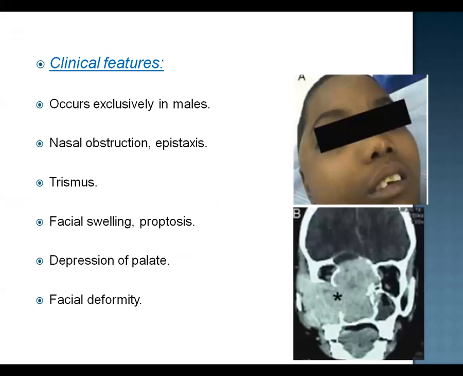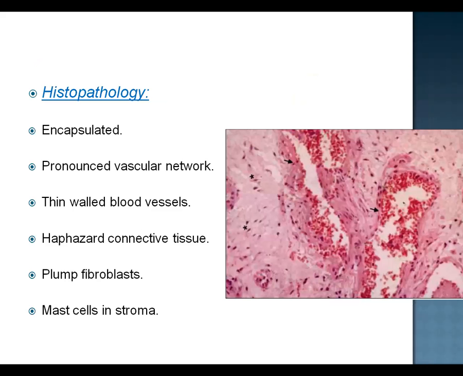Nasal obstruction, epistaxis, trismus, facial swelling, proptosis, depression of the palate, and facial deformity are the clinical features. Histopathologically, it shows an encapsulated tumor with a pronounced vascular network, thin-walled blood vessels, haphazardly arranged connective tissue, plump fibroblasts, and mast cells in the stroma.